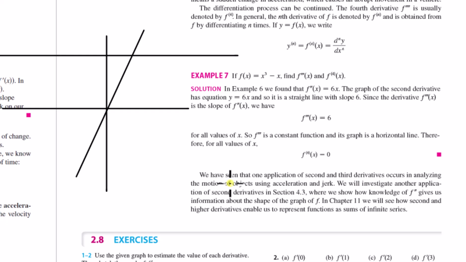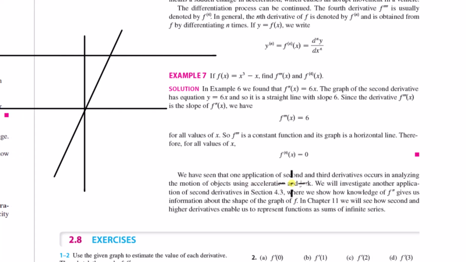Okay, so we have seen that one application of second and third derivatives occurs in analyzing the motion of objects using acceleration and jerk. We will investigate another application of second derivatives in section 4.3, where we show how knowledge of f double prime gives us information about the shape of the graph of f.